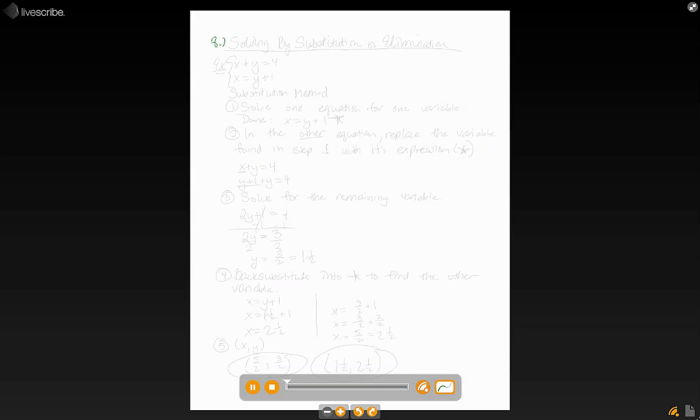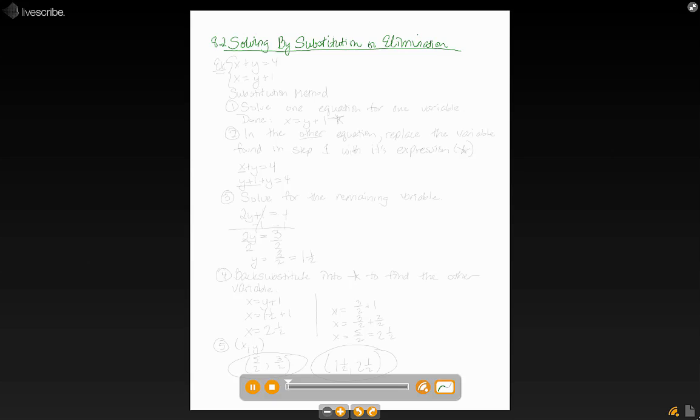Okay. 8.2 is solving by substitution or elimination. So we're going to solve a system of equations again using the algebraic methods.